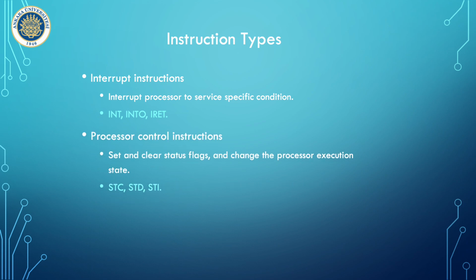The processor control instructions set or clear status flags and change the processor execution state. And lastly, there are miscellaneous instructions, and we can give examples of this instruction type.